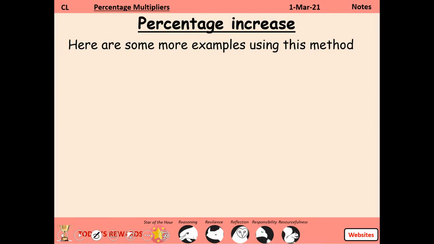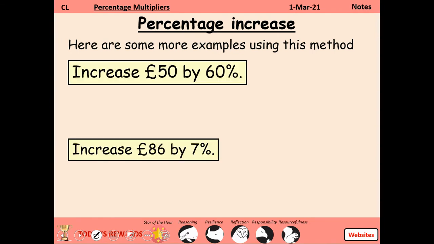All right, moving on. So here are some examples using the method. What I would like you to do is, using the multiplier method, work out an increase of £50 by 60%, and an increase of £86 by 7%. I'll do the first one for you. How can we work out an increase of 60% as a multiplier? Well, it would be 160%. 100% is the original amount, and we've added on 60%.